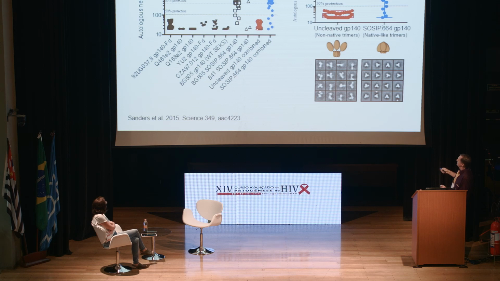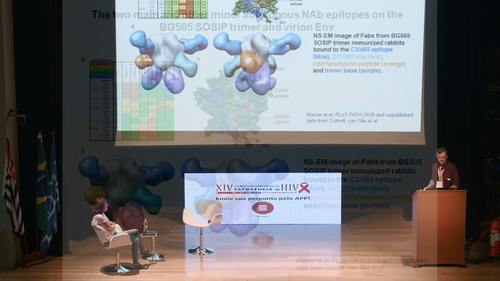But if we make a non-native version of BG505, or look at other proteins that have been published in the literature, they all fail to generate the neutralizing antibody against the tier 2 viruses. So the proteins with the bad shapes that I told you about, they fail. The proteins with the good shapes, they succeed in generating neutralizing antibodies against tier 2 viruses.